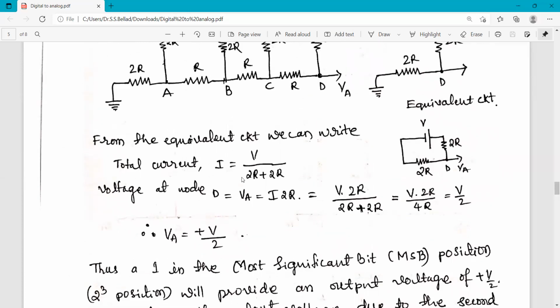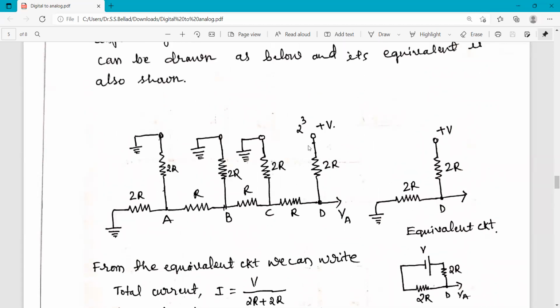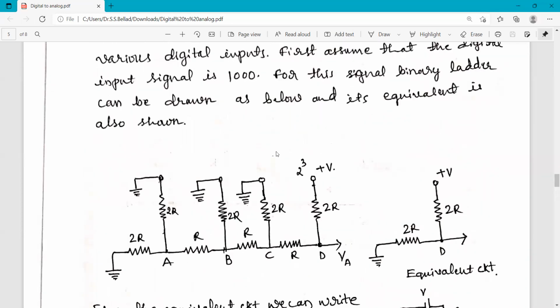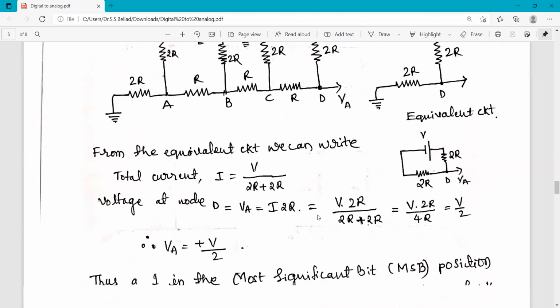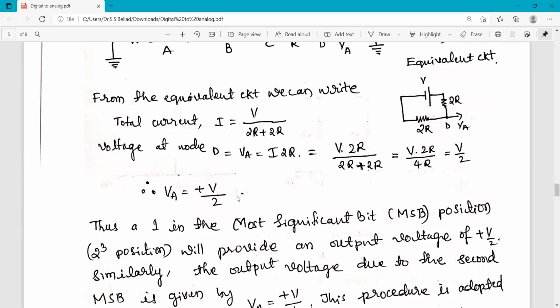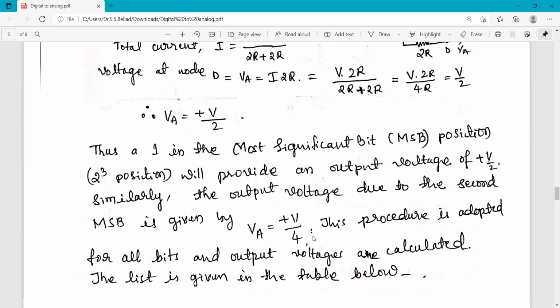That means when the MSB is connected to the voltage source, and all others are grounded, the voltage produced by this ladder network is V by 2. Thus, a 1 in the most significant bit, the MSB, in the 2 raised to 3 position, will provide an output voltage of plus V by 2.